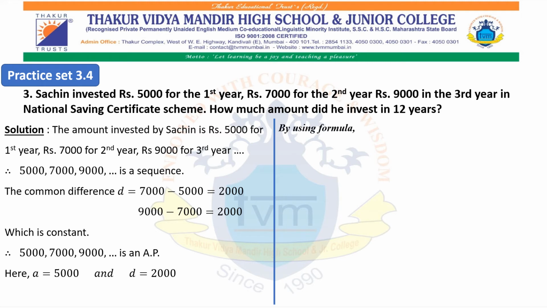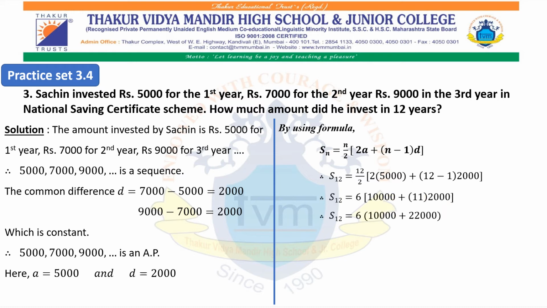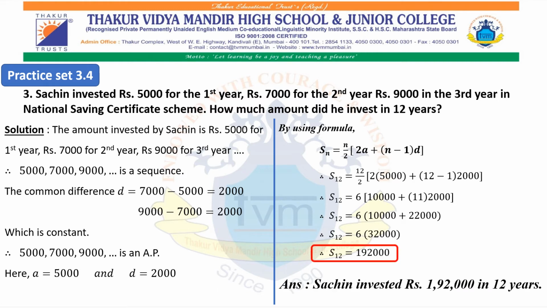We will use the formula Sn equals n upon 2 into 2a plus n minus 1 into d. After substituting, S12 equals 12 upon 2 into 2 into 5000 plus 12 minus 1 into 2000. After solving we will get S12 as 1,92,000. Means the total investment Sachin made in 12 years is rupees 1,92,000.